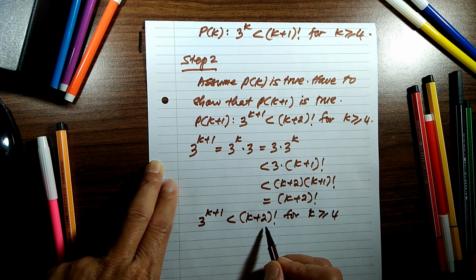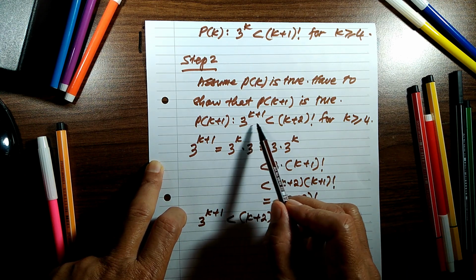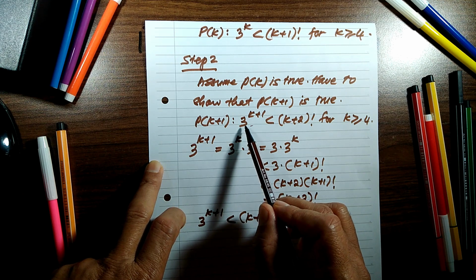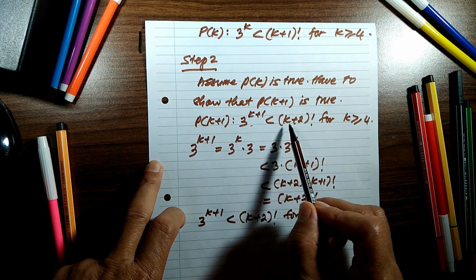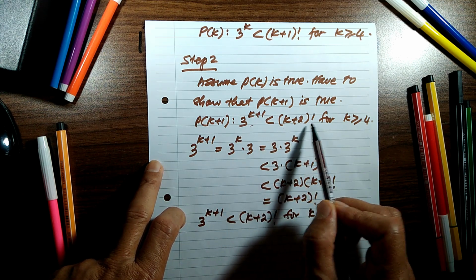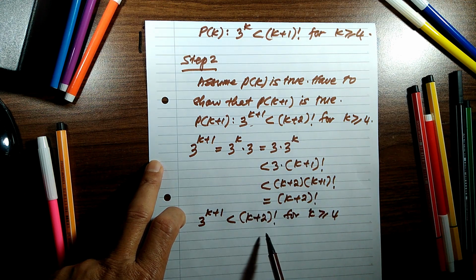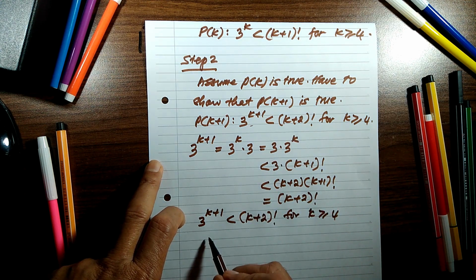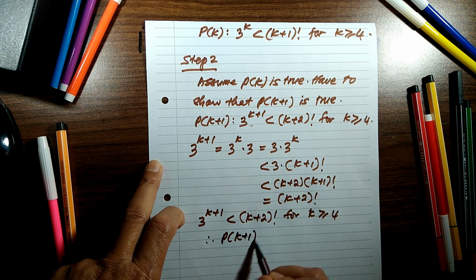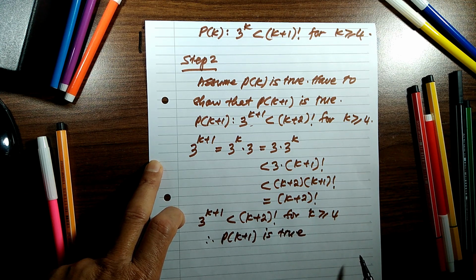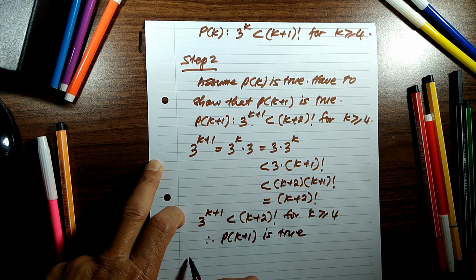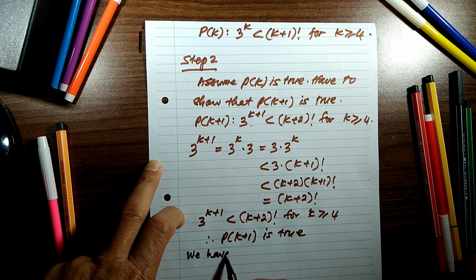This is exactly what we have to show, this statement: 3 to the power k plus 1 is less than (k plus 2) factorial. This is the statement that we have to show, and we have shown it. Therefore, P(k plus 1) is true. Thus we have proof.